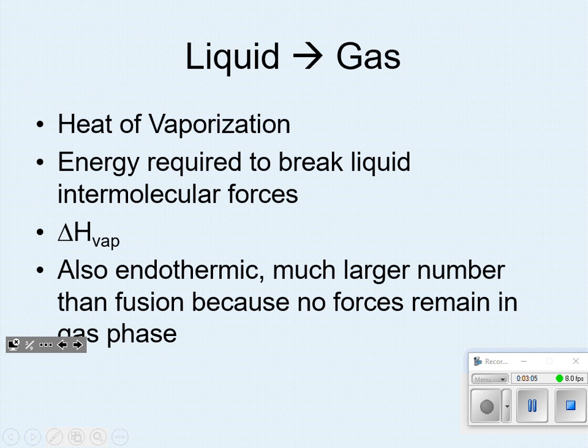But when you go from a liquid to gas, you are getting rid of all attractive forces. So that's what heat of vaporization is referring to. Numerically, heat of vaporization values are larger than heat of fusion values for that reason. Heat of fusion is loosening it up. Heat of vaporization is just making it go.